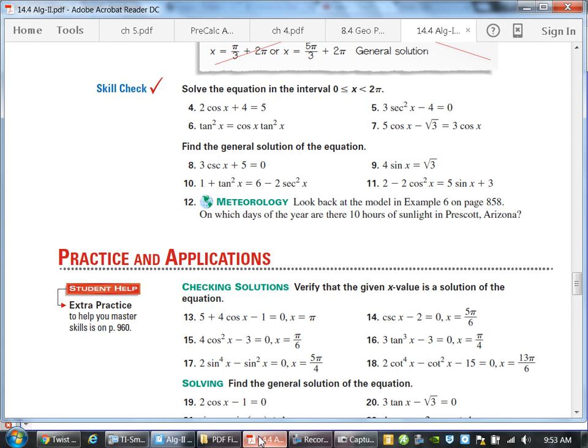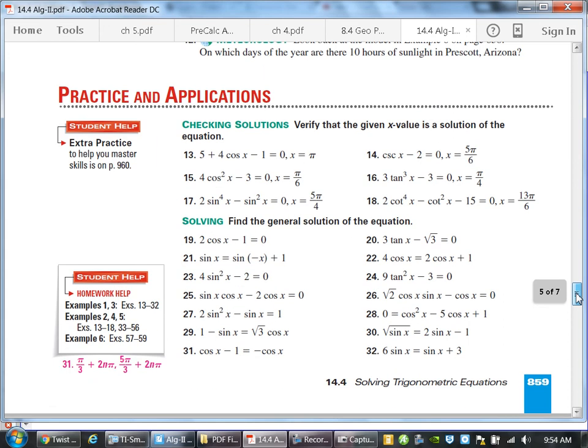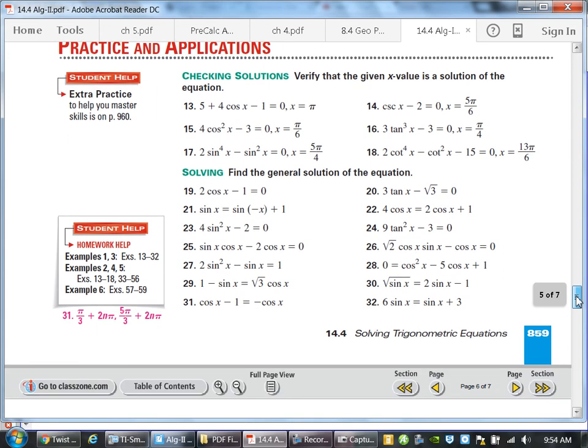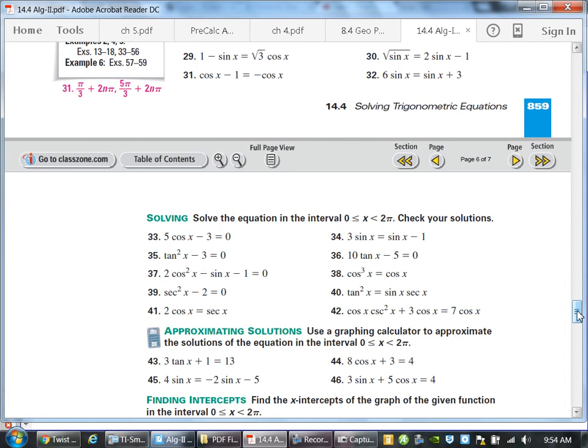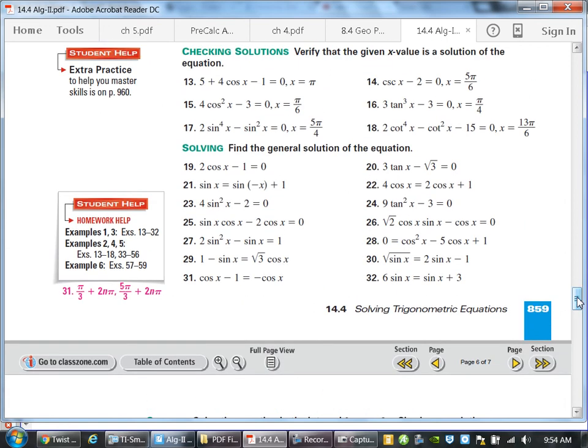All right, so let's do these. Let's go 19 through 24.